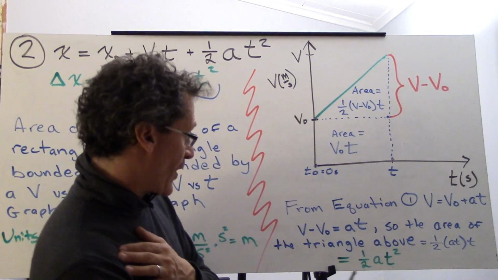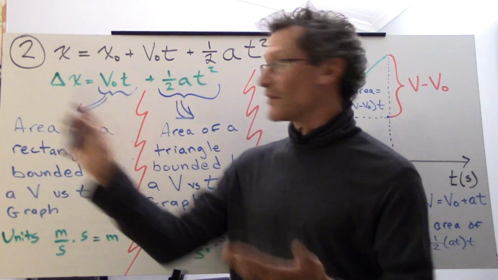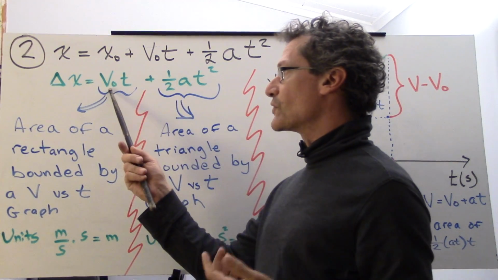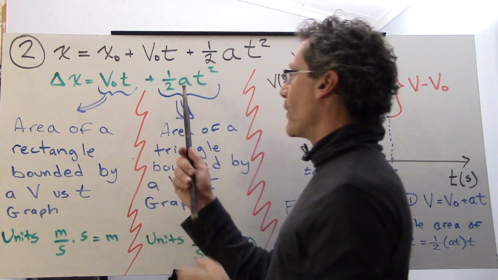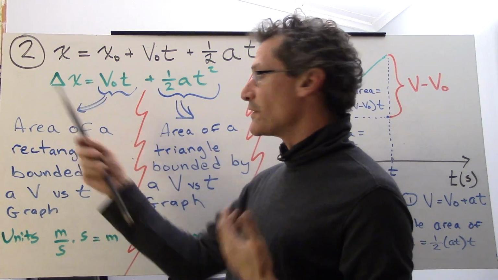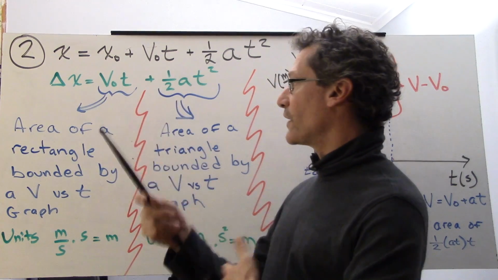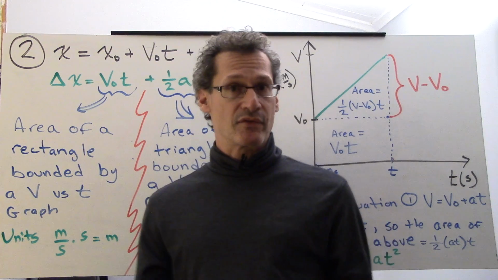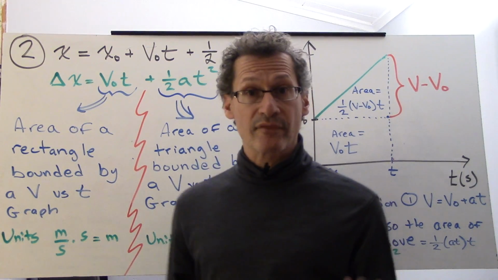What's that? 1/2 at squared, just like it is here. We got the equation from the graph. If we don't have an initial velocity, this term goes away. We only have the triangle piece. So this displacement is really just saying it's made up of two parts of the graph. One is the rectangle, one is a triangle, and we've seen this in Phineas's travels so far. So that takes care of equation 2.